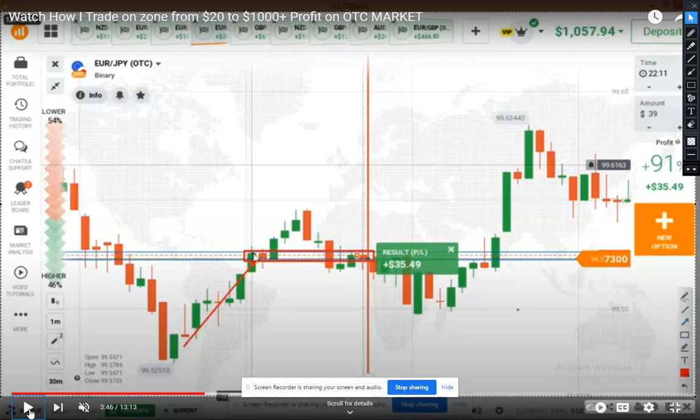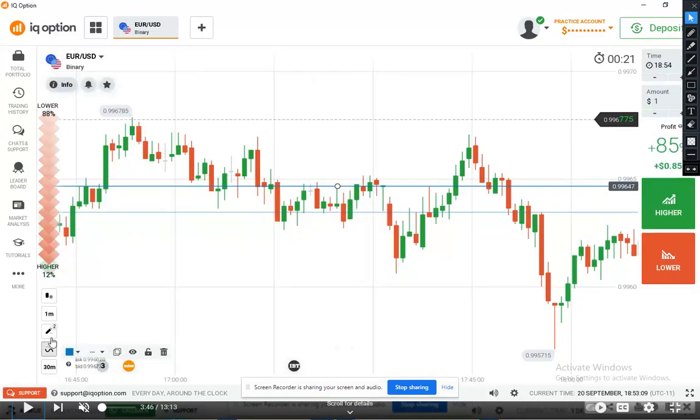Okay, the next trade here, this analysis is very simple. When there is a change of character, or I usually call it change of polarity sometimes, or let's say the previous high will also work at the same current high, something like this.